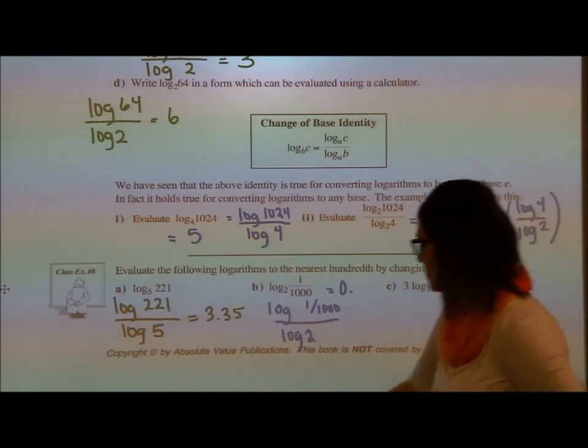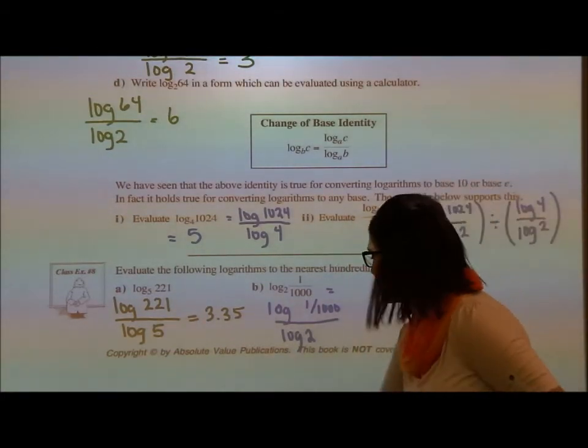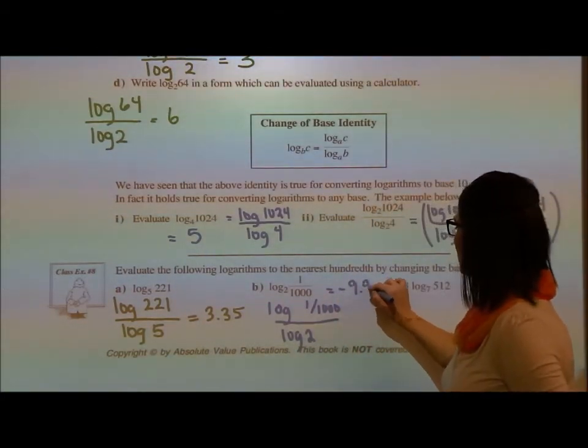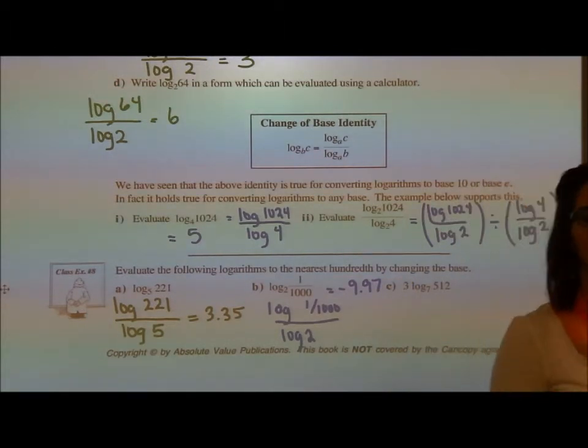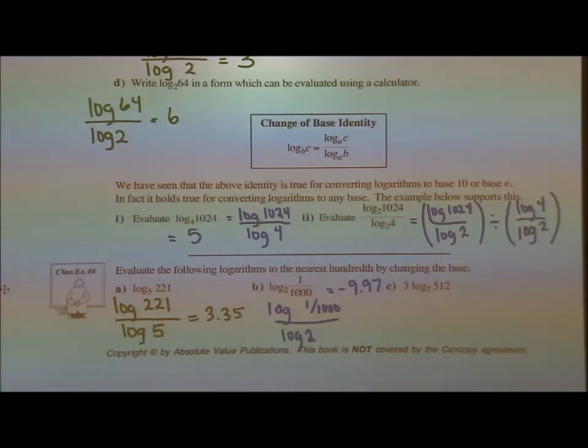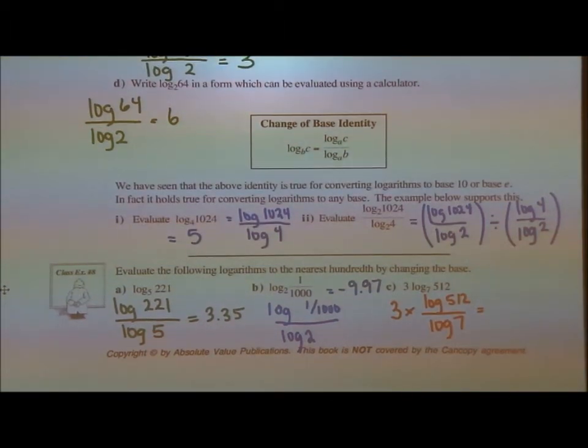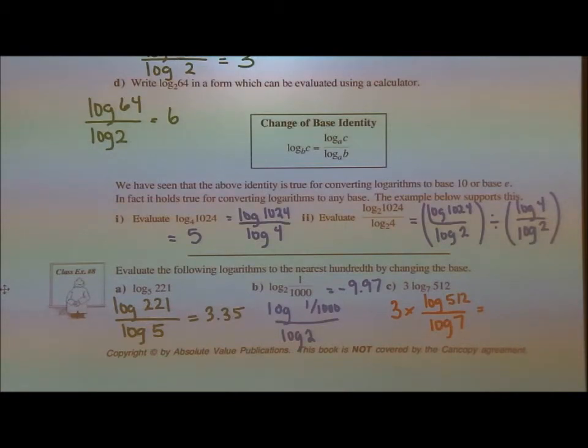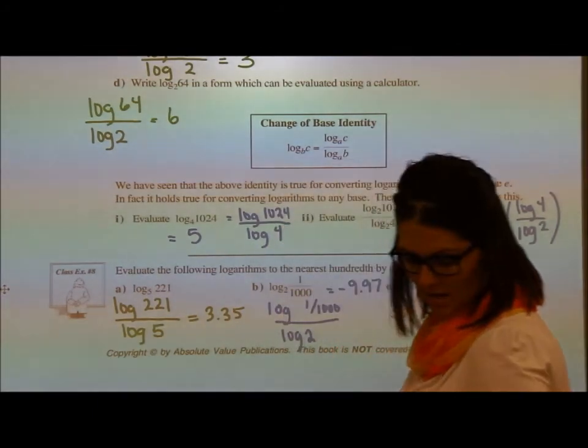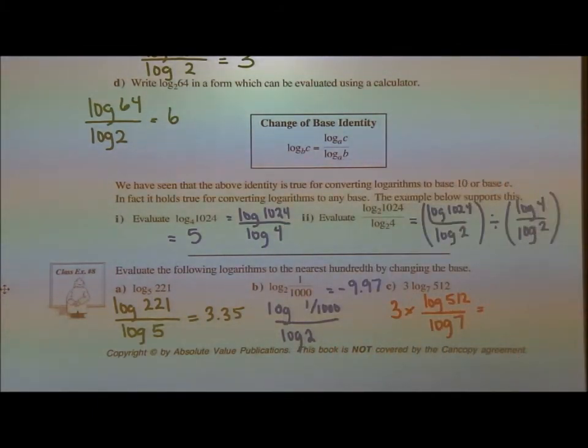Negative 9.97. Okay, so I'll give you a moment to do the last one. With the last one, it's 3 times, and then the change of base would be log 512 divided by log 7. And what do I get for my answer? 9.62.